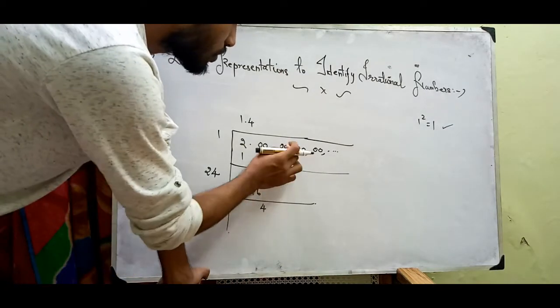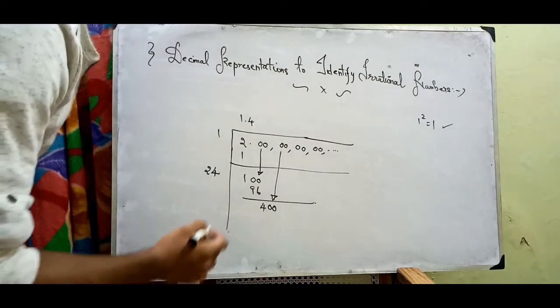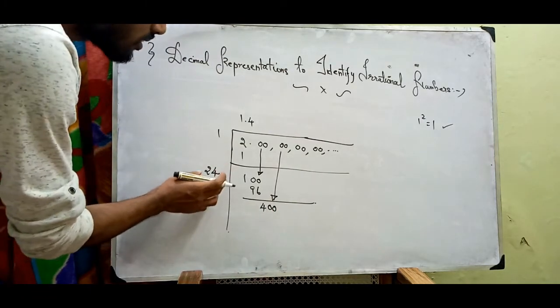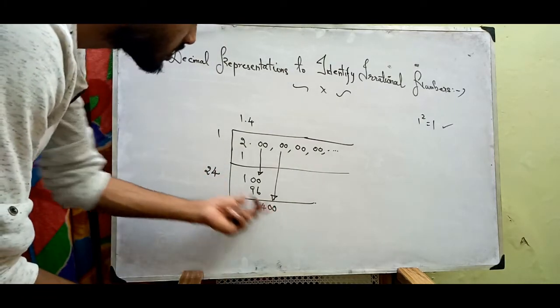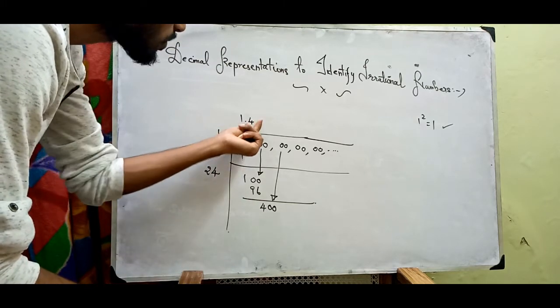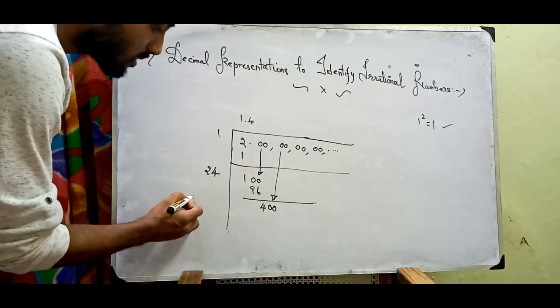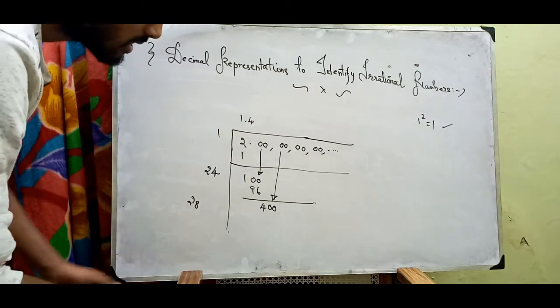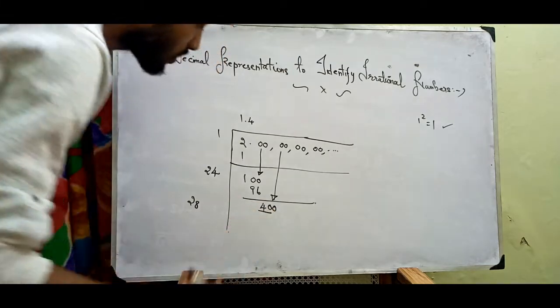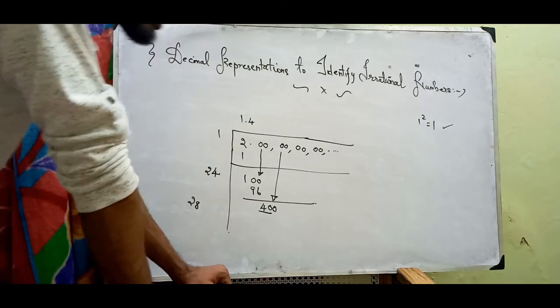Again I'm adding these 2 zeros. After finishing this, you have to add up the successive numbers. So 24 plus 4 is 28. Now just go ahead for 400. 28 times 2 is 56.